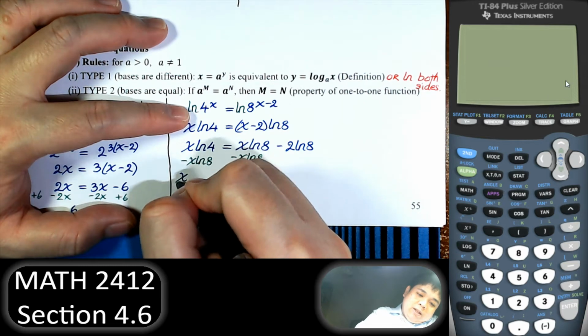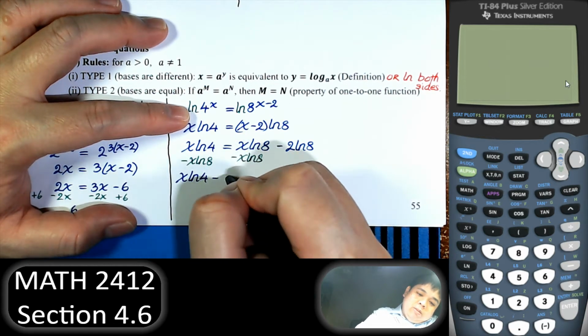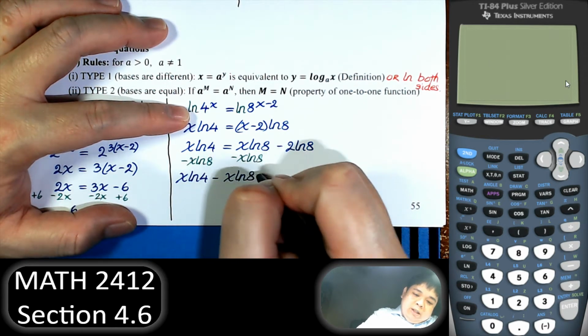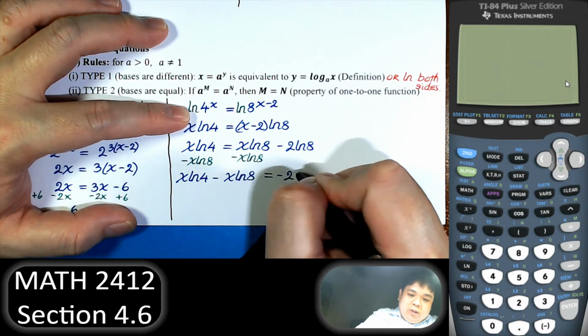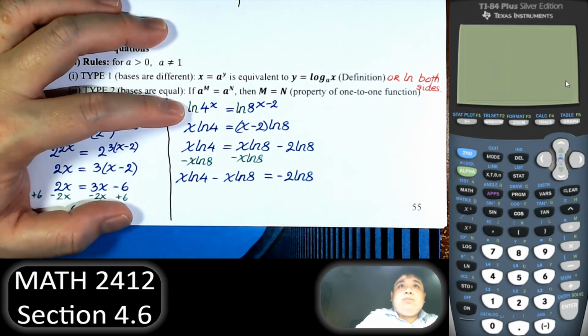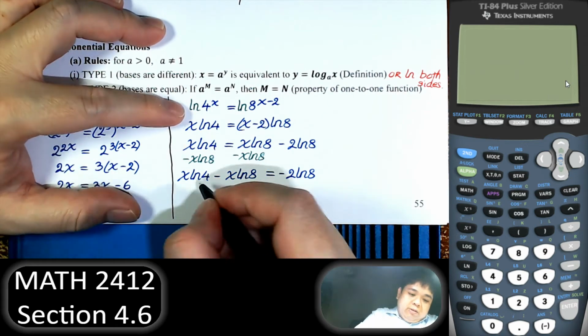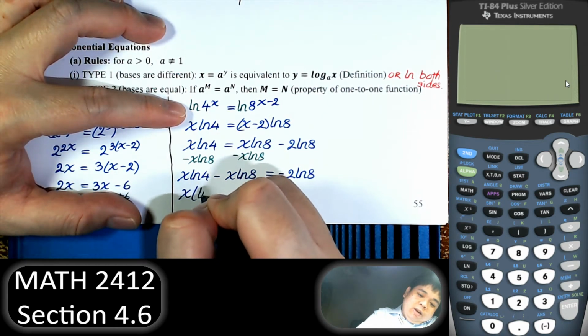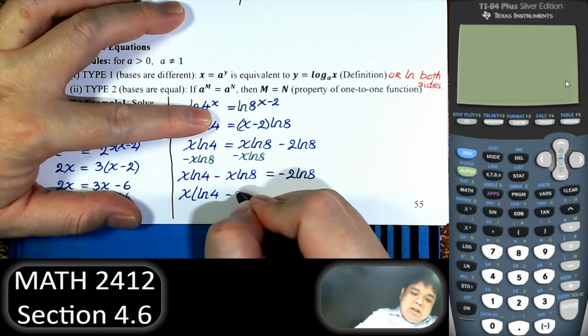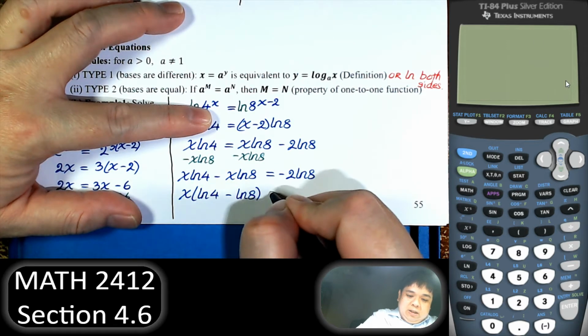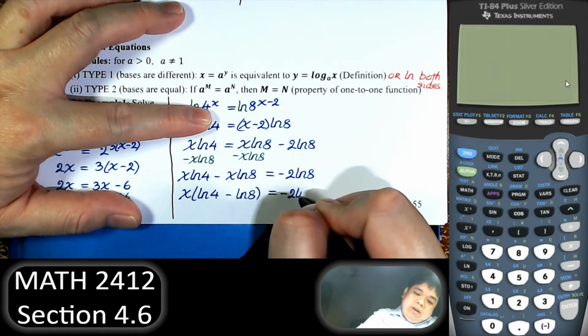And so we have x ln of 4 minus x ln of 8 equals negative 2 ln of 8. Factor out x: x times ln of 4 minus ln of 8 equals negative 2 ln of 8.